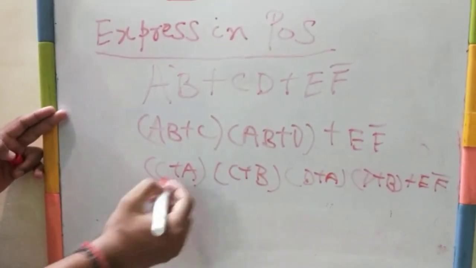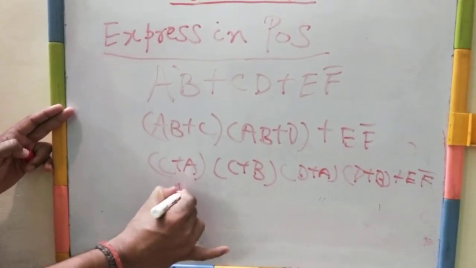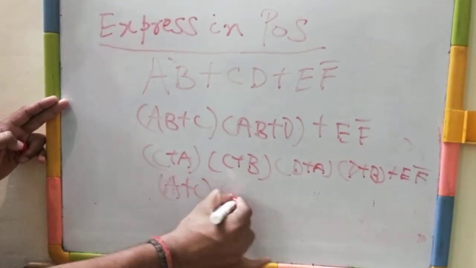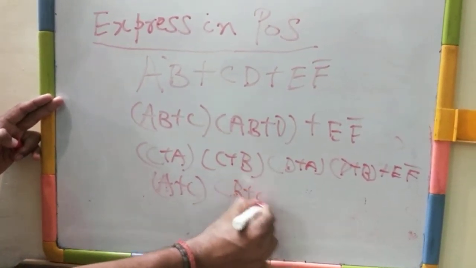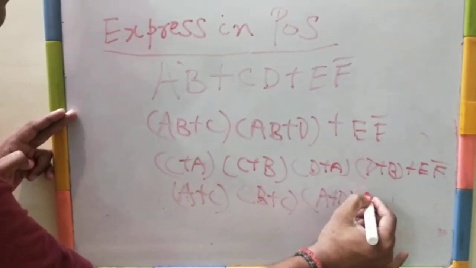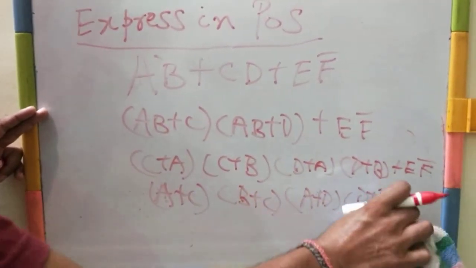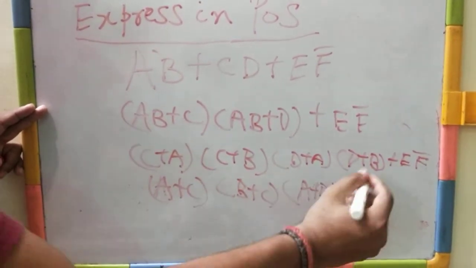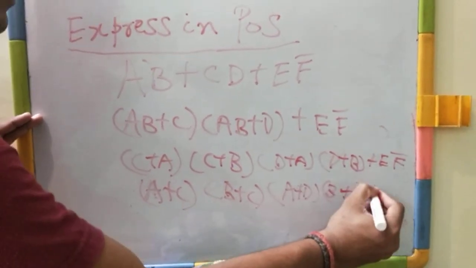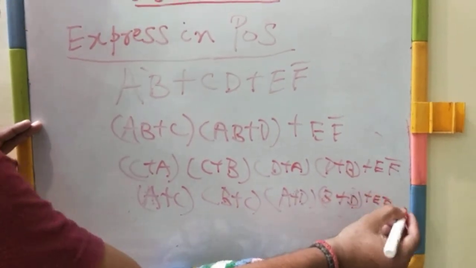Okay, we can write it in alphabetical order. Because we know that C plus A and A plus C are the same by the commutative law, I am writing C plus A as A plus C. In the similar way the other terms are written: B plus C, A plus D and B plus D, plus EF dash.